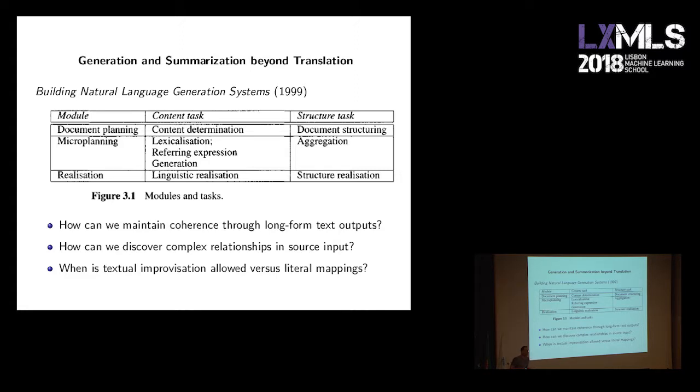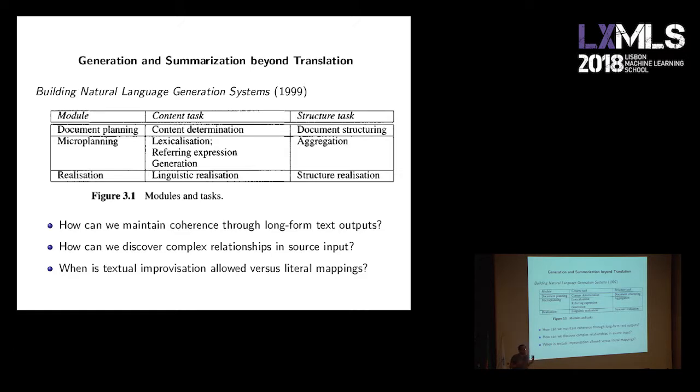It then talks about all the different levels of a document we'd like to produce, from document planning at a high level, to micro-planning at a mid-range level, to things like realization, deciding what words to actually use for the problem itself. Now, in some ways, if you squint hard enough, a lot of these are kind of commingled all together in something like our copy attention sequence-to-sequence model.